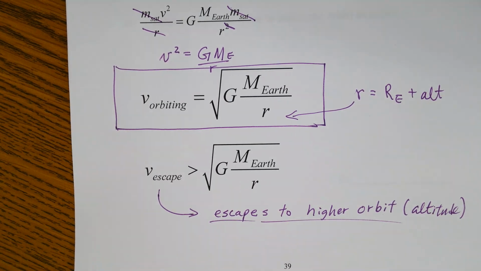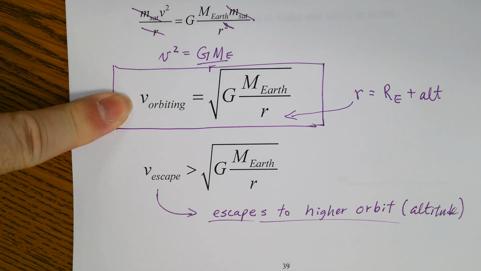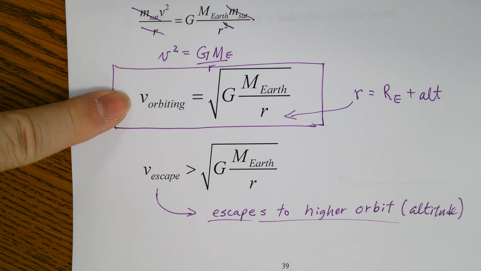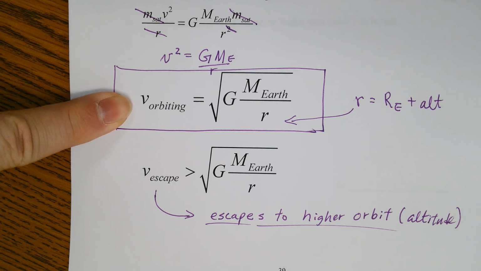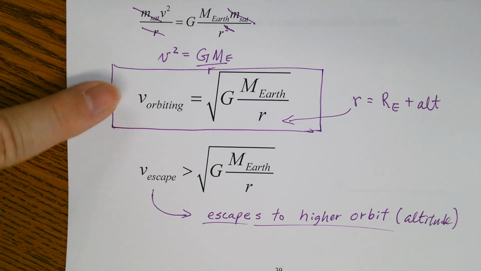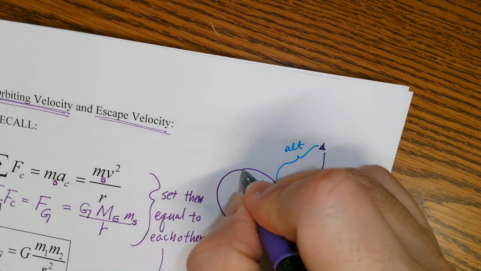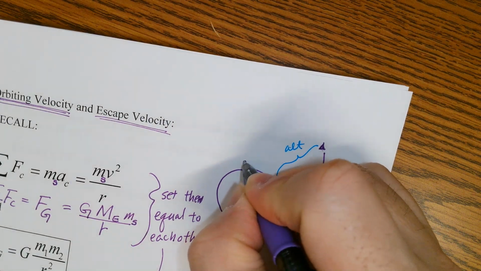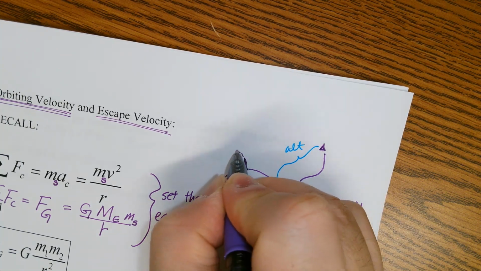And guess what? They did not implement this until the 1950s. And the first country to implement this, instead of using a cannon on top of a mountain, used a rocket. They fired the rocket and it went up.